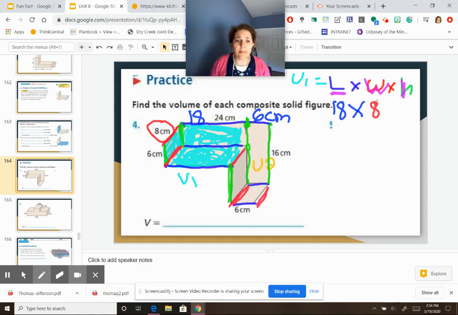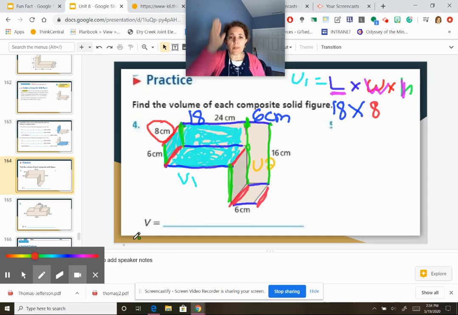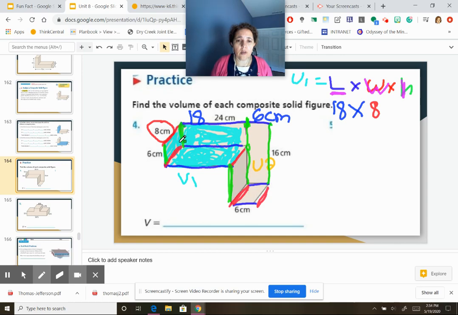Now I need to find my height. I'm gonna get my pen for my height. This is really slow. Okay, so my height, remember, goes up and down, and I need the up and down for this shape. So right here, 6.